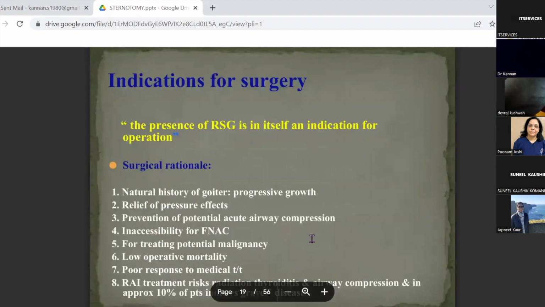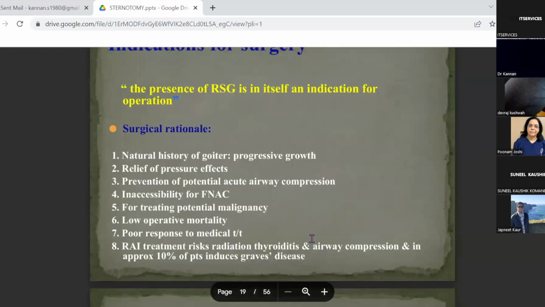So should we operate on the patient with retro-sternal goiter? Yes, retro-sternal goiter itself is an indication for surgery. Why? Because there will be a natural progression of the disease. Ultimately, they'll land up with pressure effects, and you can prevent an airway compromise later, which becomes very difficult to manage.